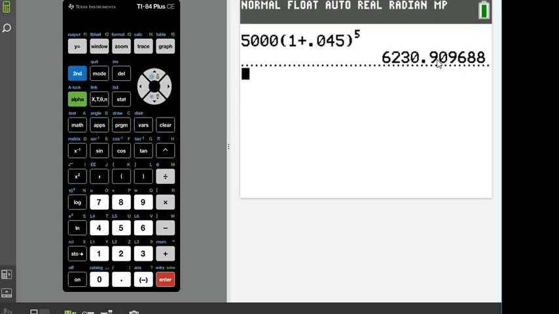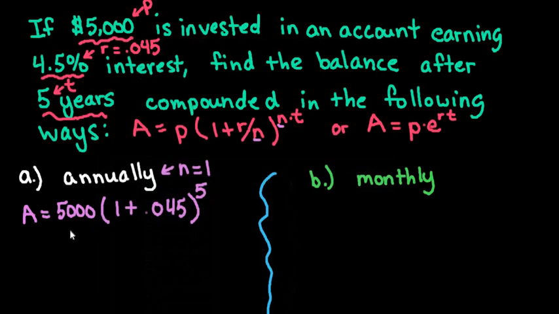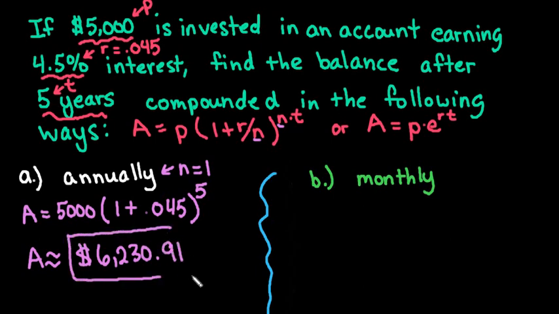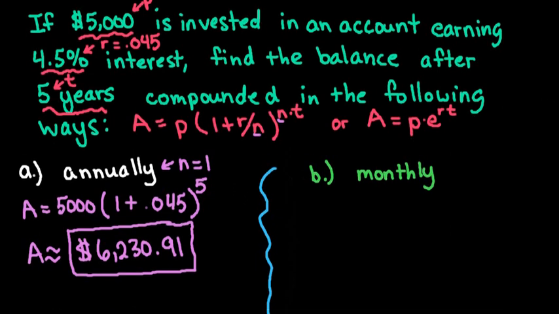So let's write that answer down. Annually, our ending amount would be approximately $6,230.91. Okay, so let's see what happens if I compound it more often throughout the year.